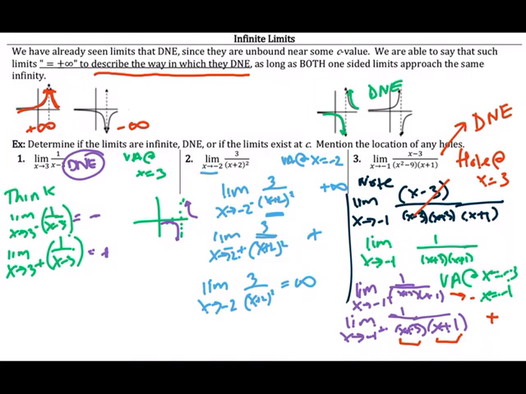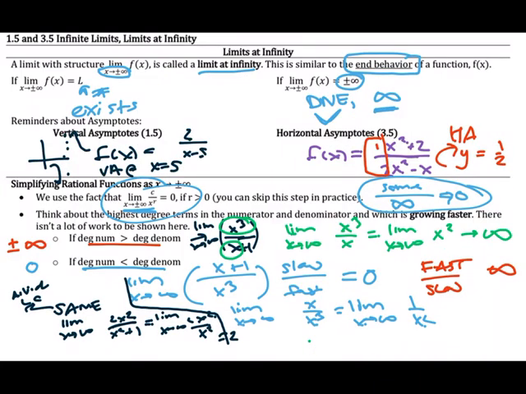So let's recap what we've learned in this lesson. We first reviewed a little bit about horizontal and vertical asymptotes and the fact that when we're taking the limit as x approaches positive or negative infinity, what we're really doing is thinking about the end behavior of a function. We talked about how, if we have a polynomial, to analyze the degree of the numerator versus denominator to help us come up with what's going on.